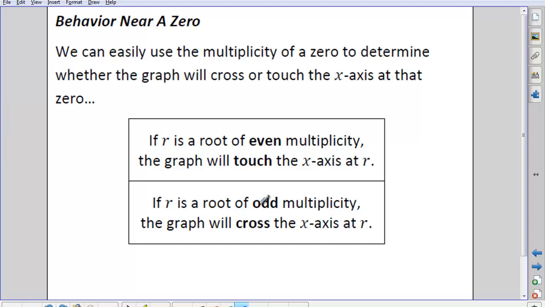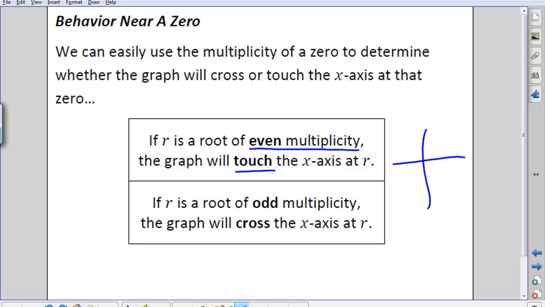And the last thing we can look at as far as multiplicity is concerned is how the graph behaves near that 0. The multiplicity tells us a lot about what that graph does at that 0. And remember, a 0 is the same as an x-intercept. So the way it breaks down, if the root has even multiplicity, it touches the x-axis at that root.